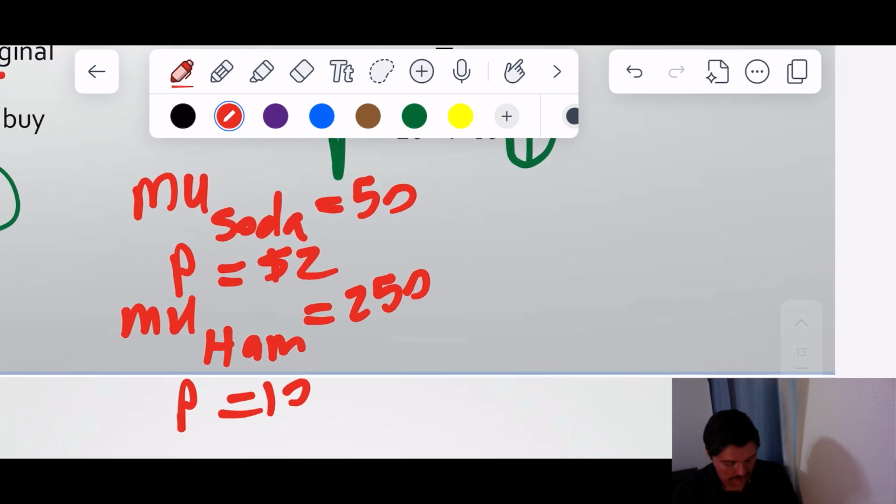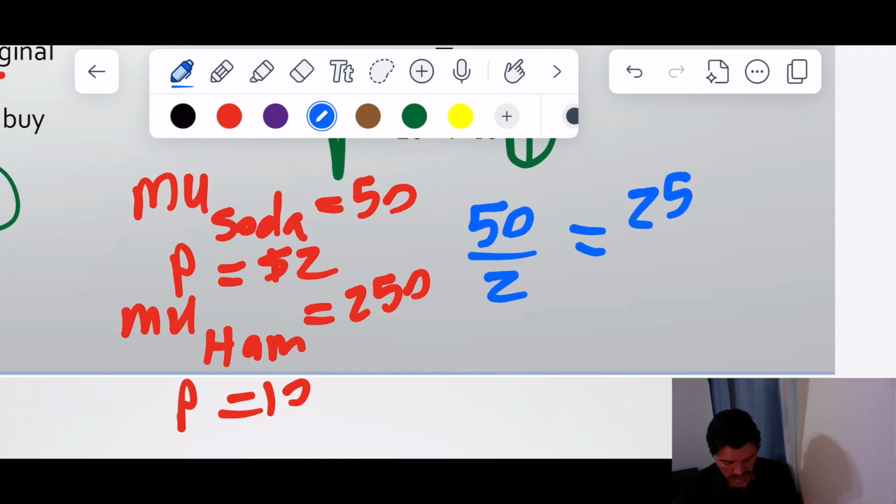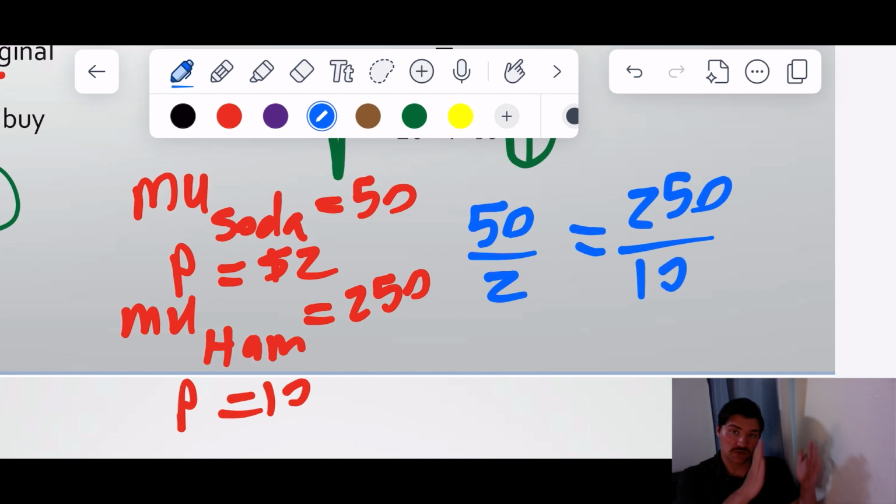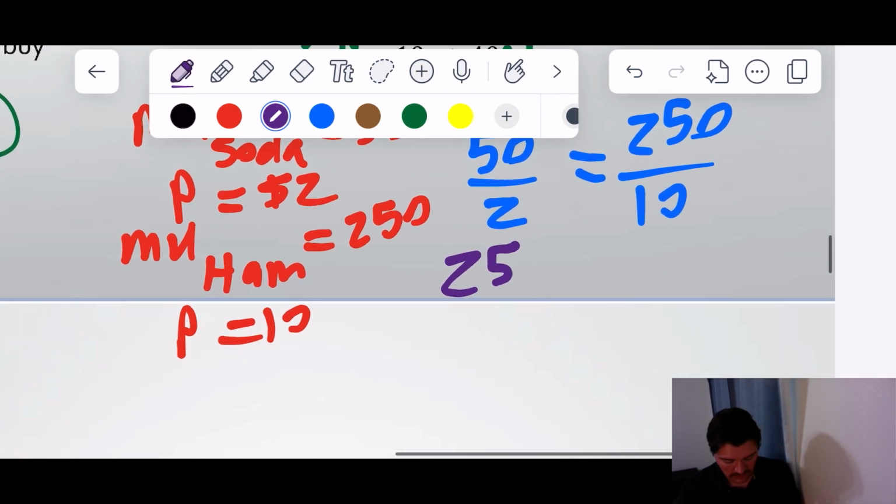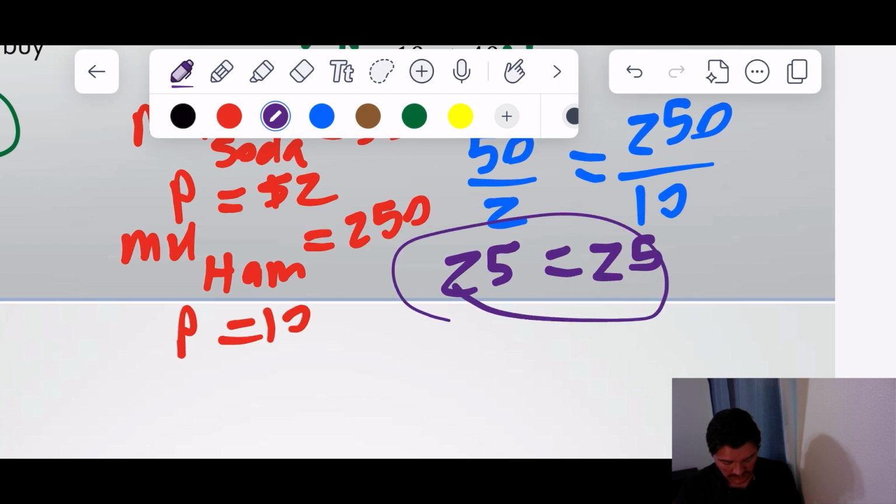If you were to figure out should you buy more soda or more ham sandwiches, you would use your numbers here and match them up like this. You have soda on one side and ham on the other. If you did this calculation, you would end up with 25 and 25. So therefore, we would be equal here.